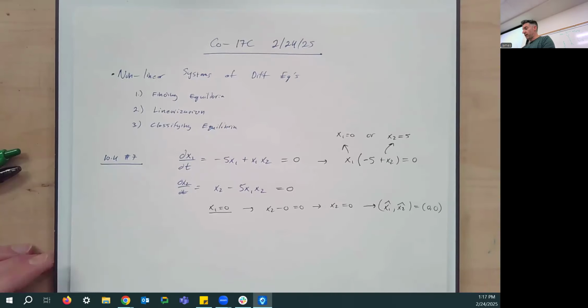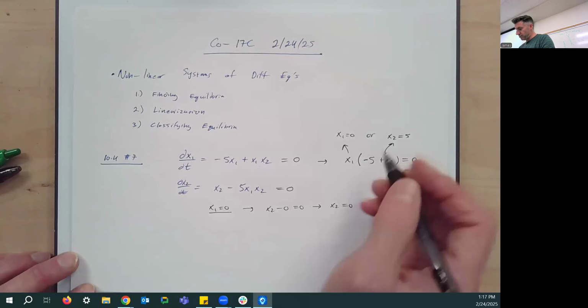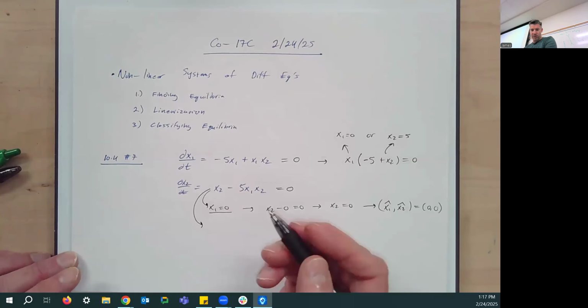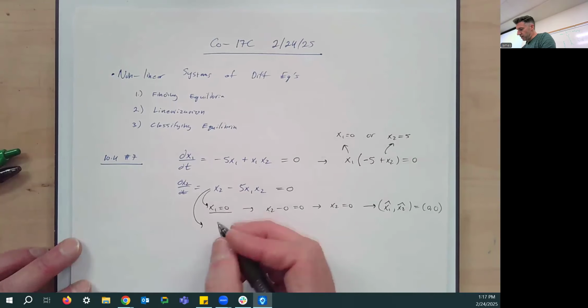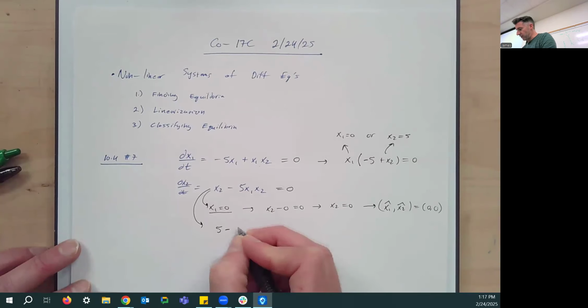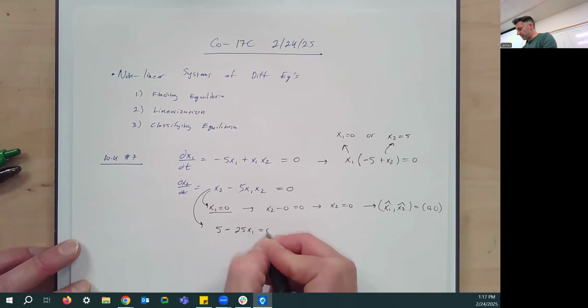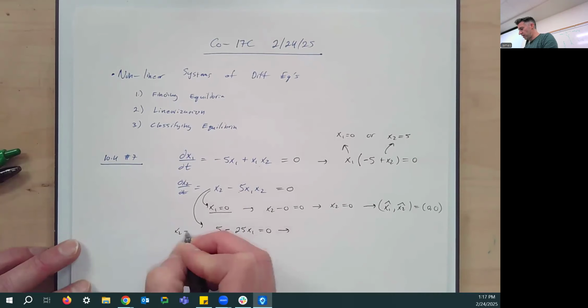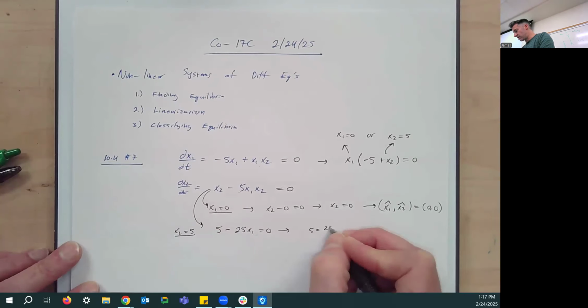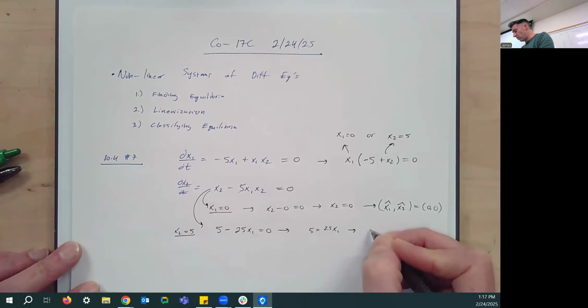The other one, we're going to set x2 equal to 5. So take this equation now, set x2 equal to 5. I guess I could have factored out an x2, but sure, why not? So set x2 equal to 5, I get 5 minus 5 times 5 is 25, x1 equal to 0. So I'm saying x2 equal to 5 here. I'm going to get 5 equal to 25 times x1, or x1 equal to 1/5.